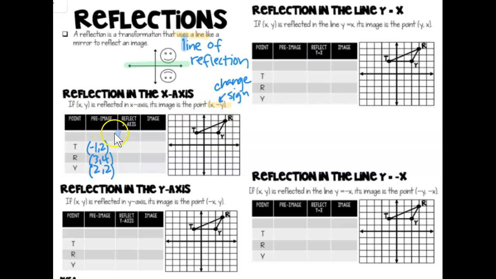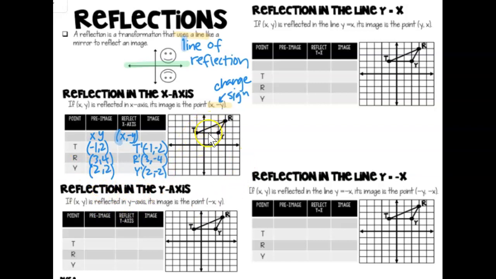So just copying down the rule I'm using, (x, opposite of y), or (x, -y), point T prime would become (-1, -2), so -1 will stay the same, those are my x's, and then all of my y's are going to change sign. R prime is (3, -4), 3 staying the same, changing the sign of y. And Y prime is (2, -2), 2 staying the same, and changing the sign of y.